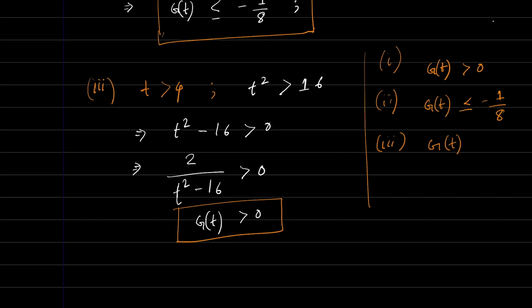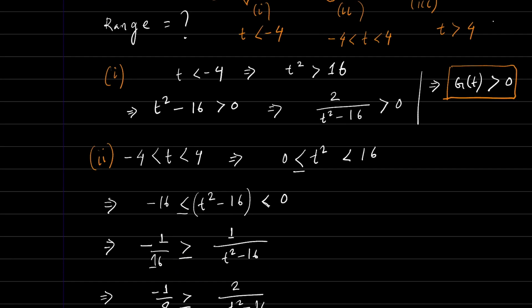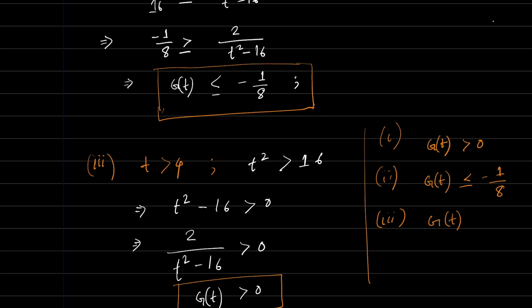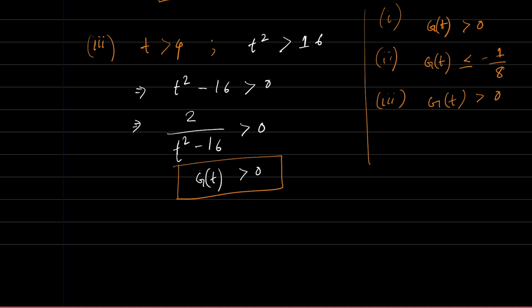So from interval 1, we get g of t is greater than 0. And from interval 2, we get g of t is less than or equal to -1 over 8. And from interval 3, we get g of t is greater than 0. Combine and write the range of g of t.